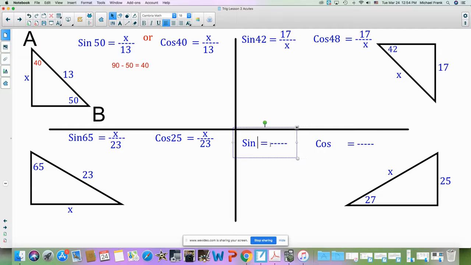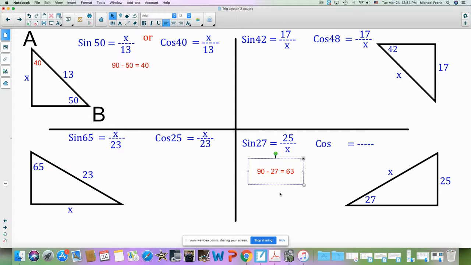And then finally, over here, if we put in sine of 27, that's going to be equal to 25 over x. And the cosine of the other angle is going to be 90 minus 27, which is equal to 63.